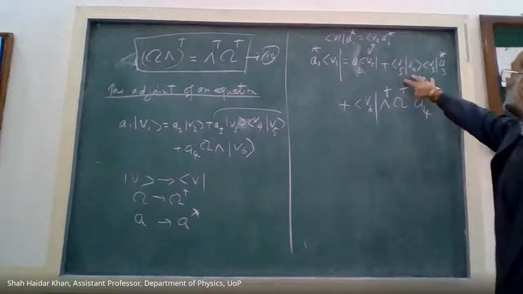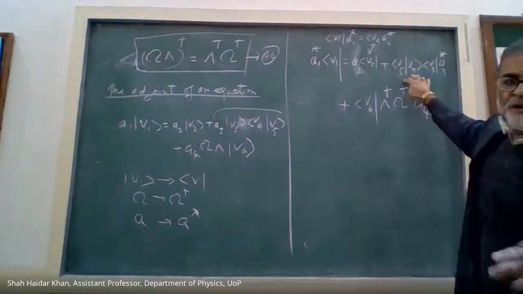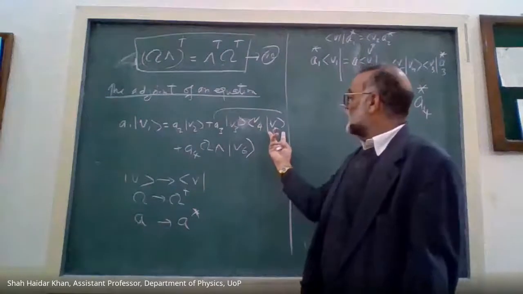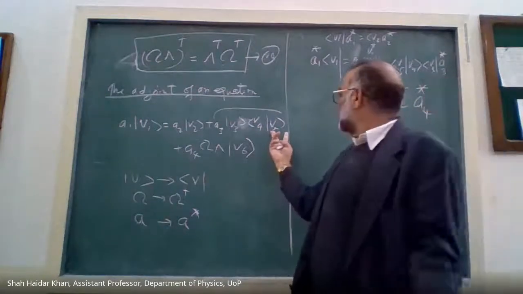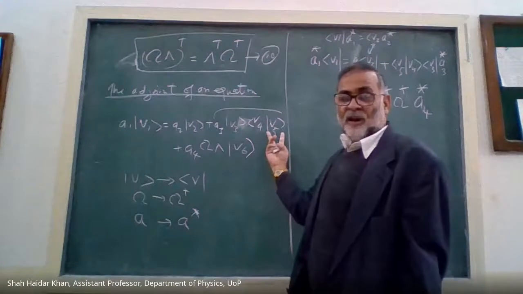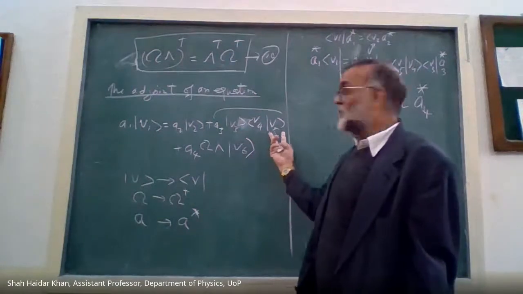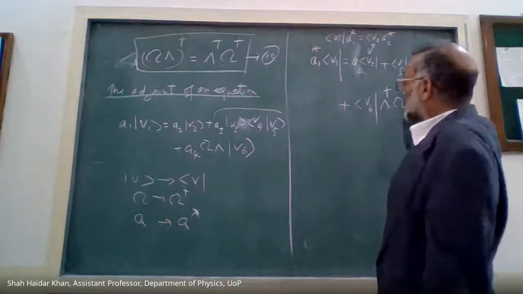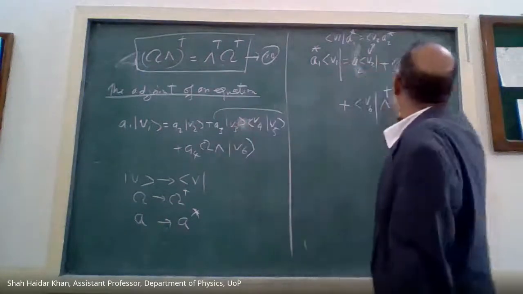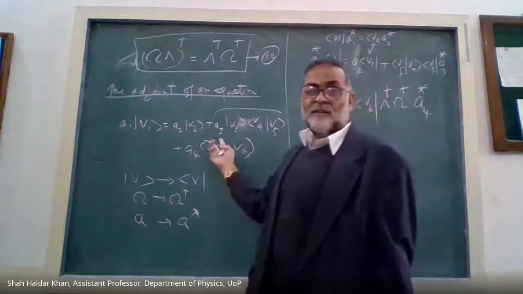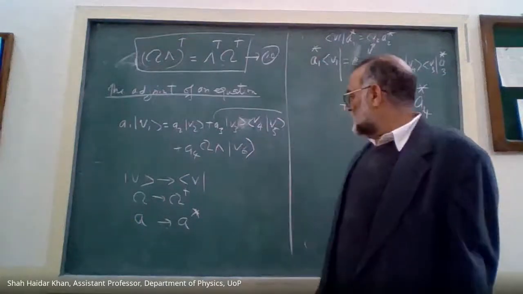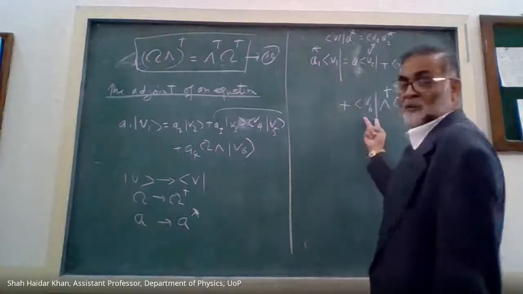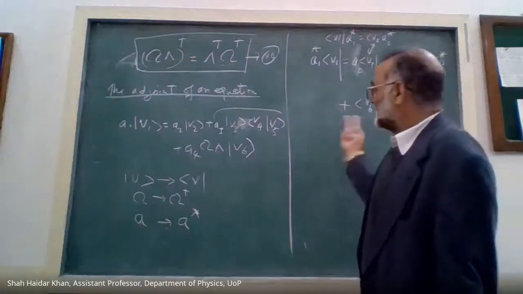Okay, for the second term, you switch the order again. I start from the end, from here, but make it a bra. It's a ket, so I make it a bra. It's a bra, I make it a ket. It's a ket, I make it a bra. And then I write A3 star. Similarly for this, I start from V6 but make it a bra.